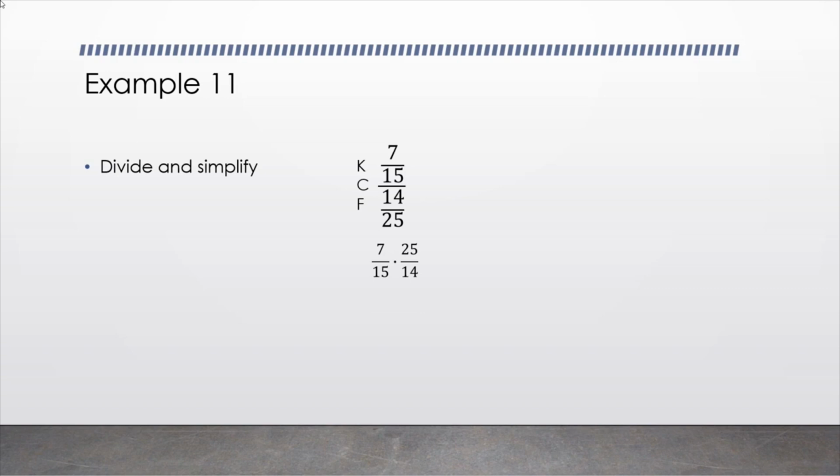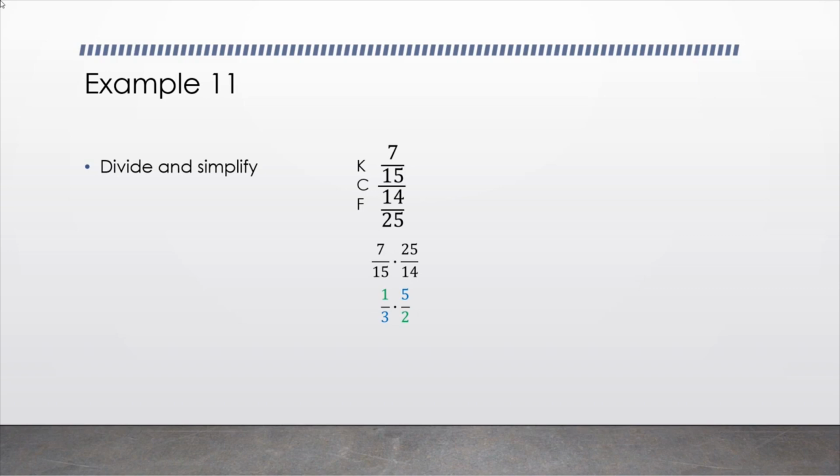Then you can simplify where possible. I can simplify the 7 and the 14. 7 goes into both of those. And then 15 and 25, 5 goes into both of those. So 7 goes into 7 once. 14 goes into 7 twice. Now with the 15 and 25, 5 goes into 15 3 times, and 5 goes into 25 5 times.